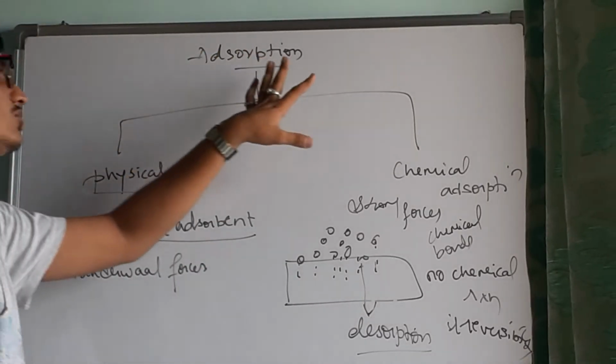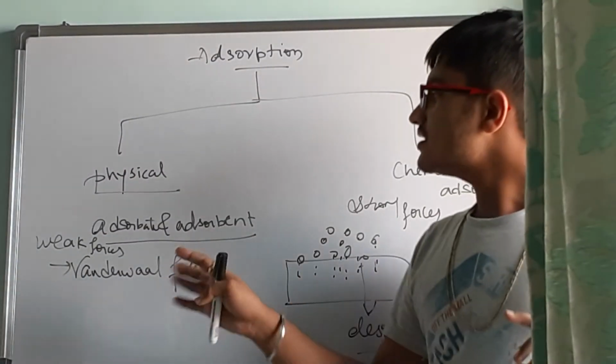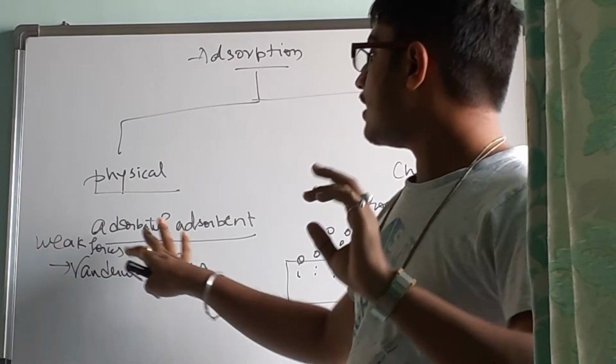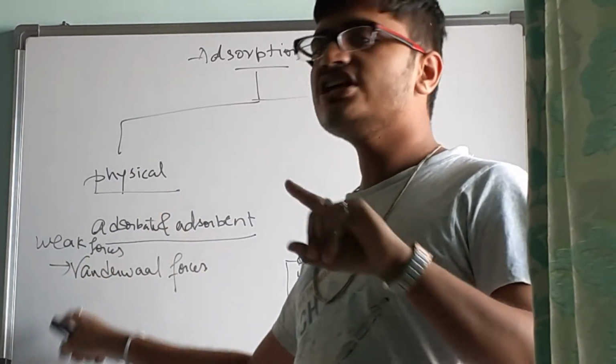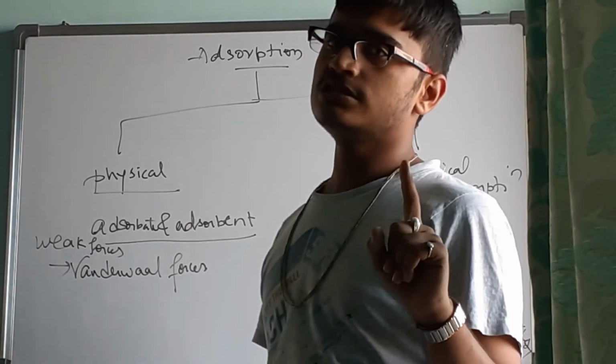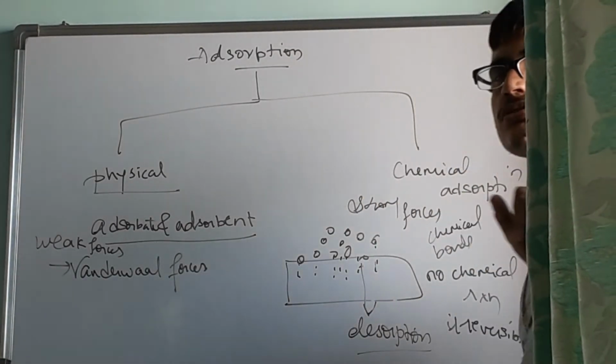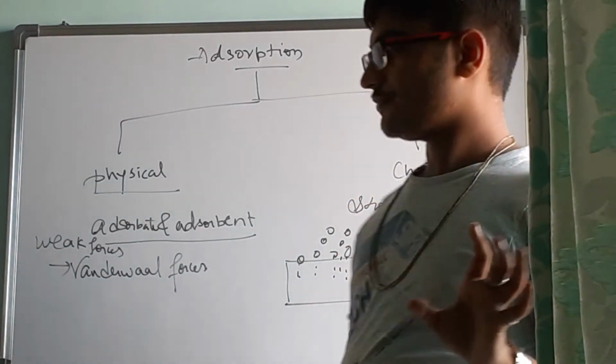So basically adsorption is classified into two: physical and chemical adsorption. Physical adsorption is where the adsorbate and adsorbent have weak forces of attraction, generally van der Waals forces, and that process is known as physical adsorption.